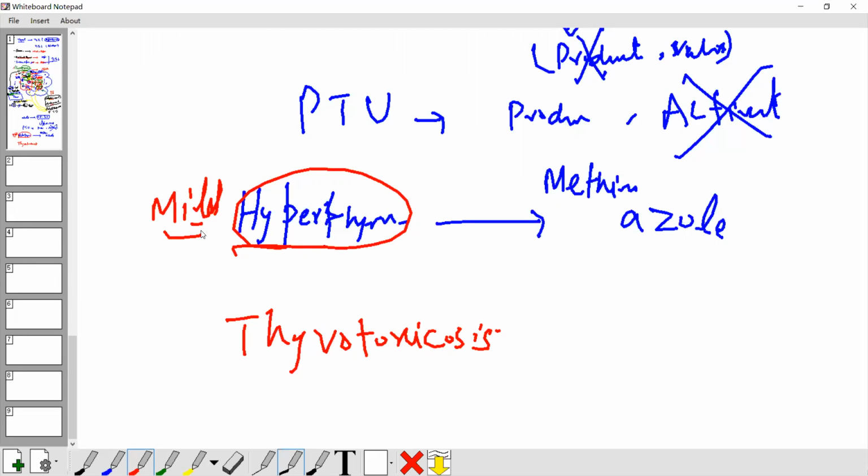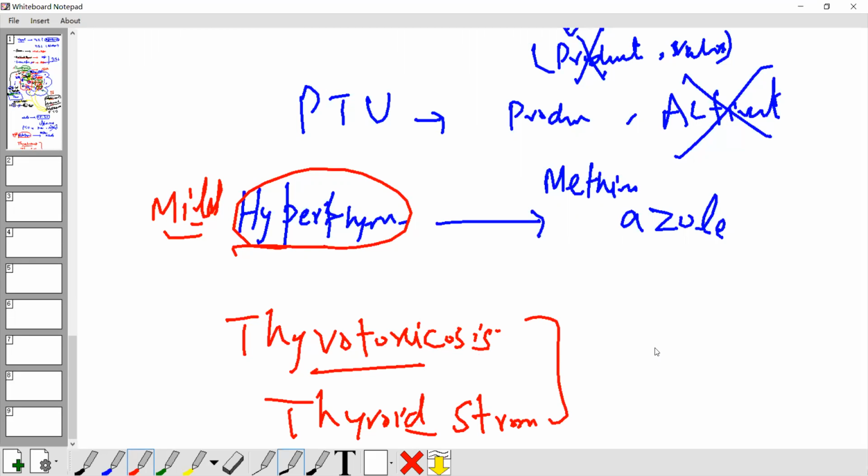So if you have thyrotoxicosis, another terminology you already did in physiology, thyroid storm, there is a very high level of thyroid hormone outside. For thyrotoxicosis and thyroid storm, do not go for just the azoles. If you have a little increase in thyroid hormone production, you can block thyroid peroxidase and iodide peroxidase.